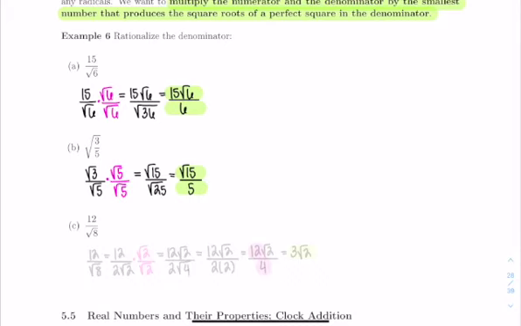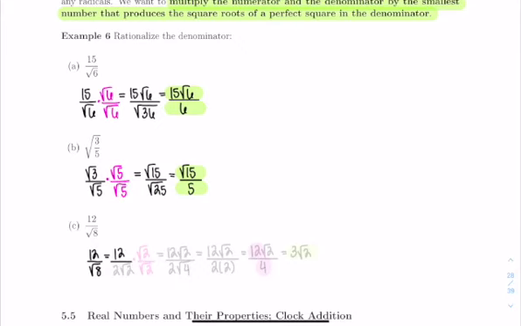And the last one, we have 12 divided by the square root of 8. You could first try to simplify the radical a little further, or you could just multiply by the square root of 8 and simplify afterwards. So I am going to simplify the denominator a little bit.